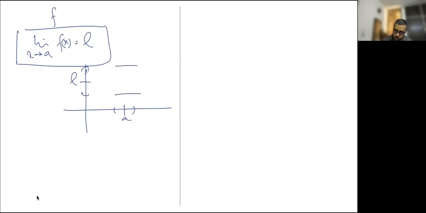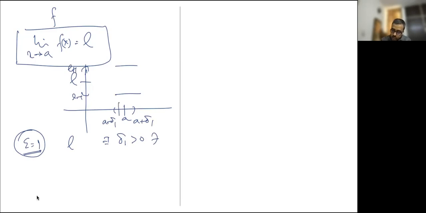Okay, so now let's use this for, let's say, epsilon equal to 1. Given this epsilon, there would exist a delta 1 such that whenever you are between a minus delta 1 and a plus delta 1, you are going to be between L minus 1 and L plus 1.